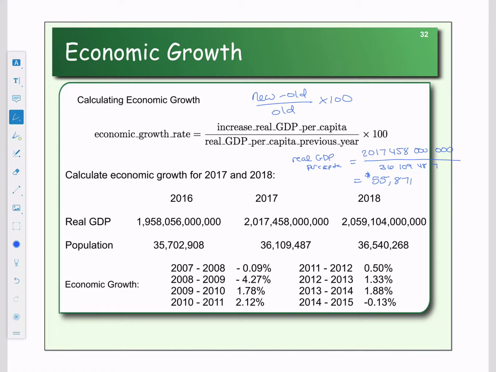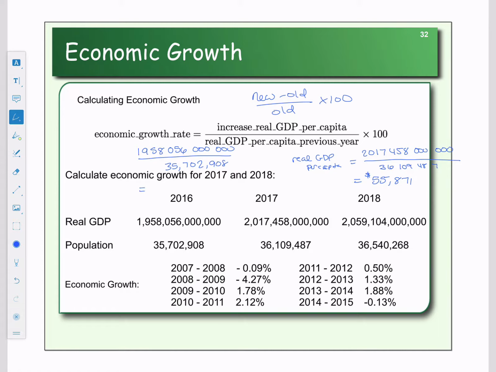Now, we can find the real GDP per capita for 2016. We do the exact same thing. We take real GDP, in this case 1.9 trillion, 1,958,056 and 6 zeros, and divide by the population at the time, which was 35.7 million, 35,702,908.